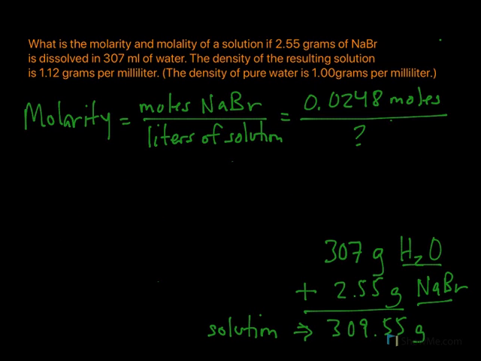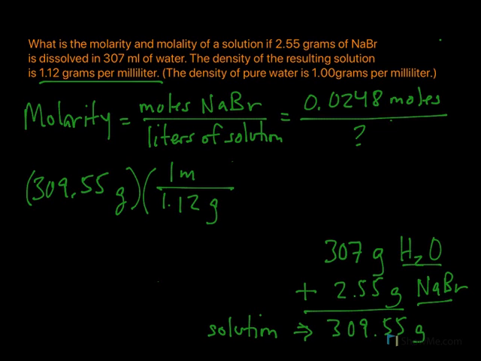Since we know now the weight of our solution, and we know the density of our solution, which is 1.12 grams per 1 mil, we can figure out our milliliters of solution. This comes out to be 276 milliliters of our solution.